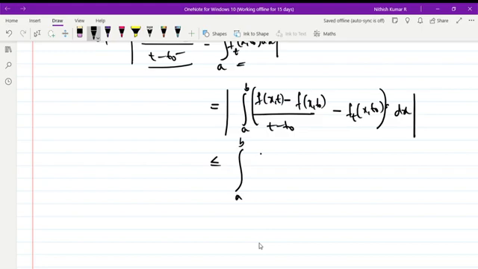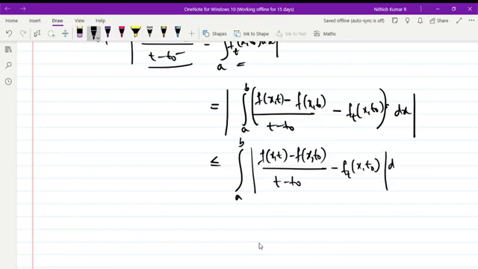Now using the properties of modulus and integration, this is less than or equal to integration a to b modulus of f of x comma t minus f of x comma t naught divided by t minus t naught, minus f_t of x comma t naught, into dx.